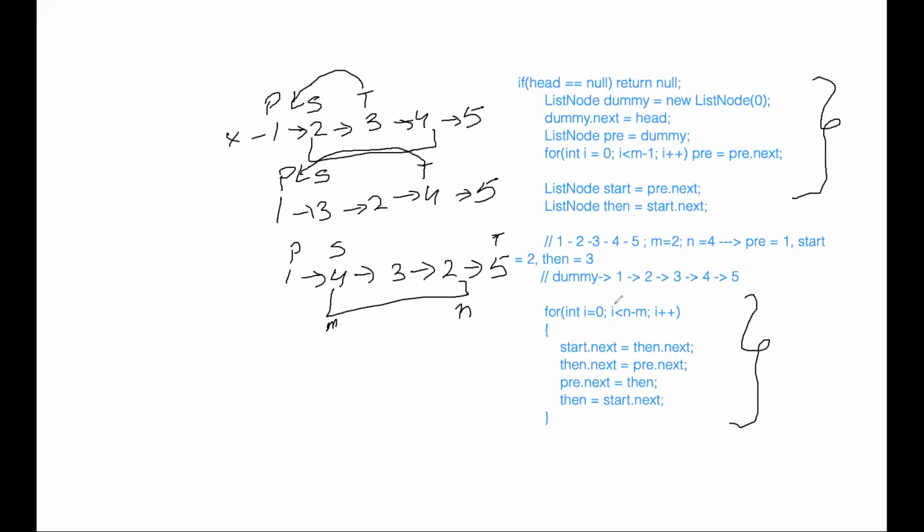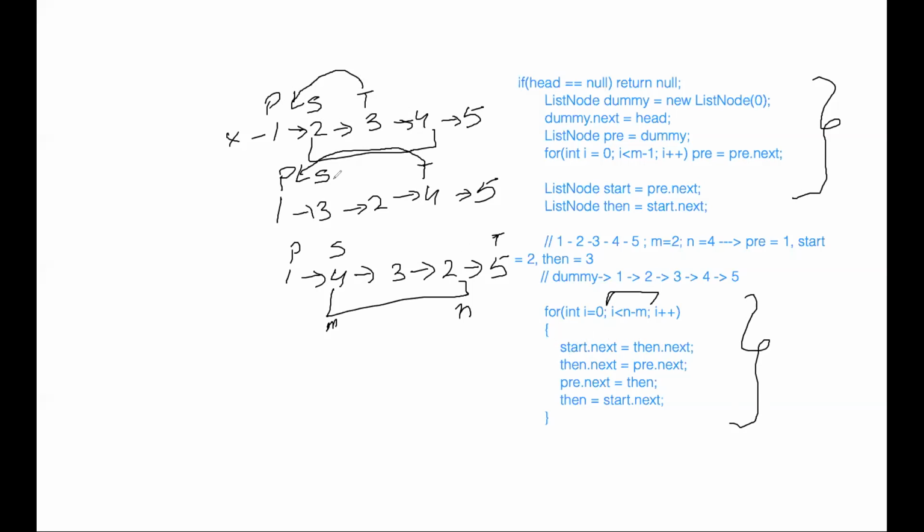If you see, we are doing n minus 1 iterations. The then pointer, we are shifting between pre and start. Once the then pointer is going between them, the start's next pointer starts pointing to 4. So start.next equals then.next.